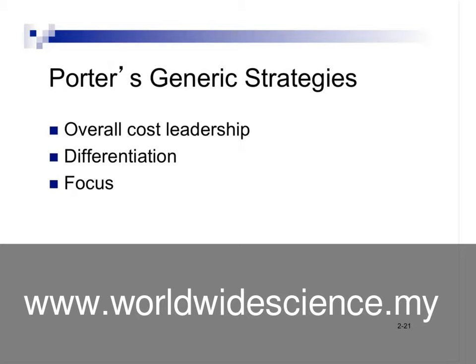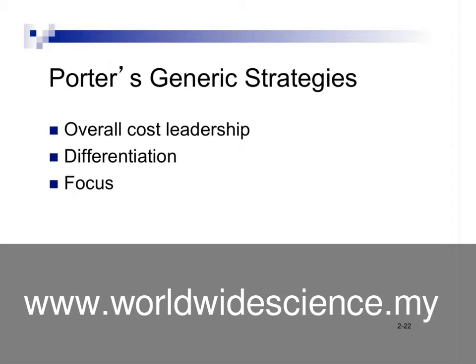Then we go to Michael Porter's generic strategies. These are very important. Understanding these three is very, very important. Basically, what Michael Porter says is that overall cost leadership is very important for your firm or your company.